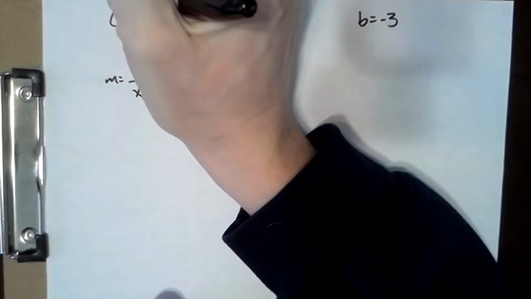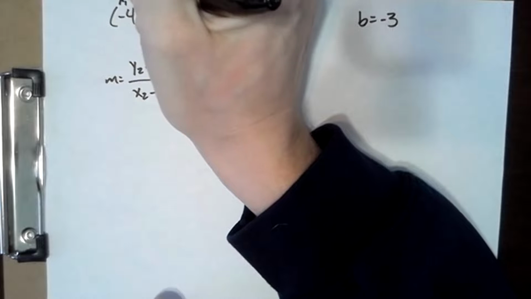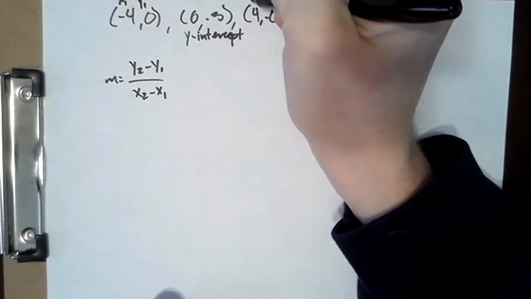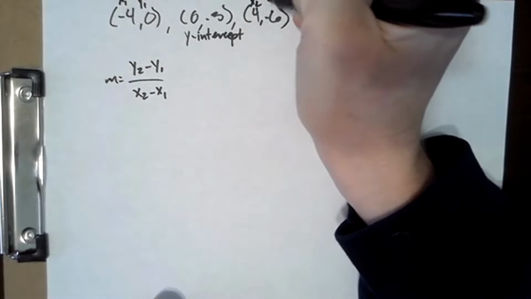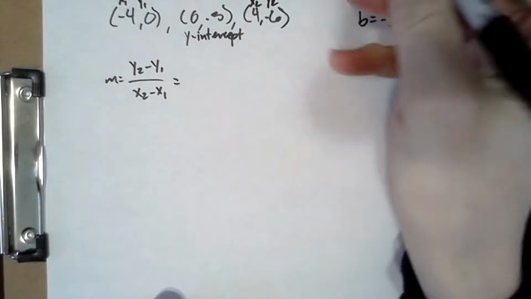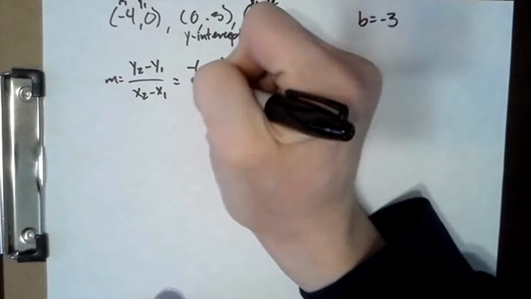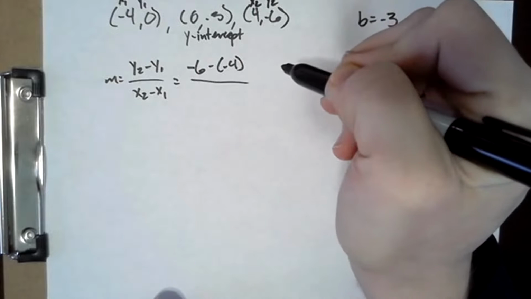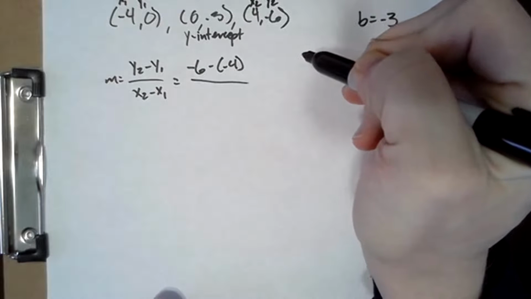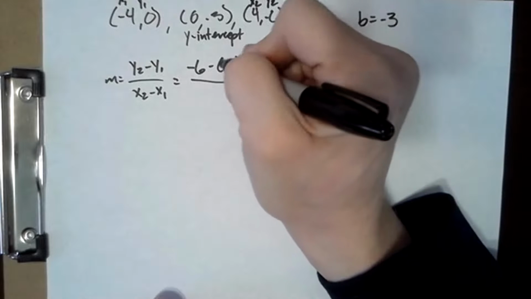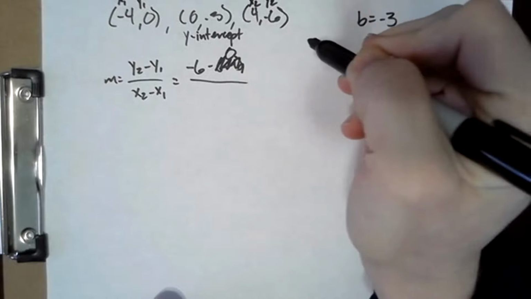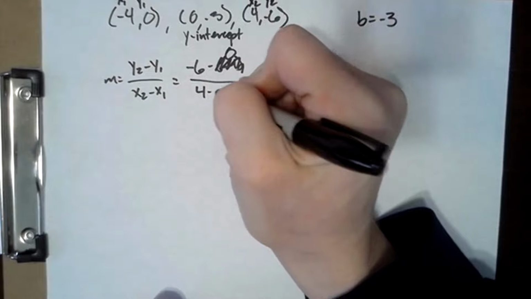We'll make this our x1, y1, and this our x2, y2. So that gives us -6 minus 0, over 4 minus -4.